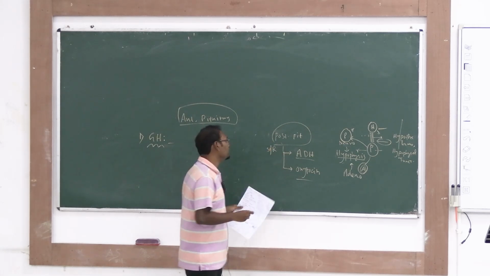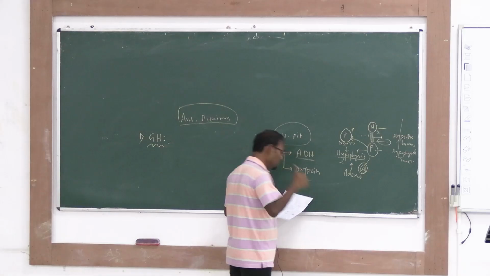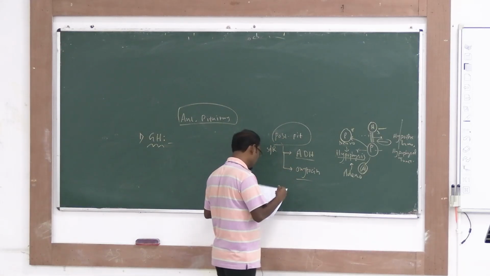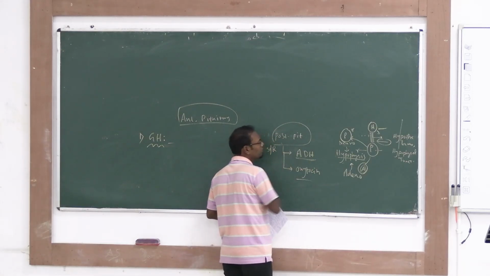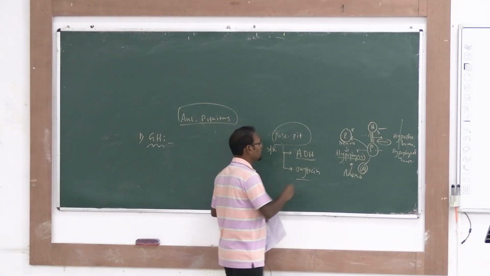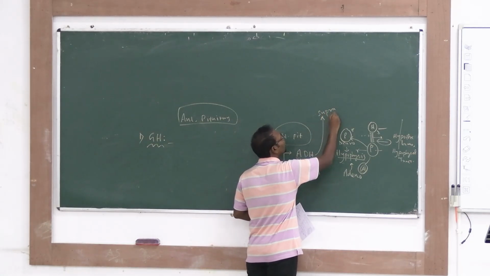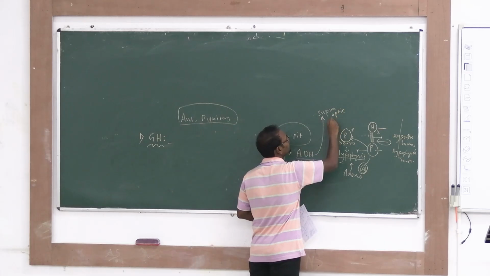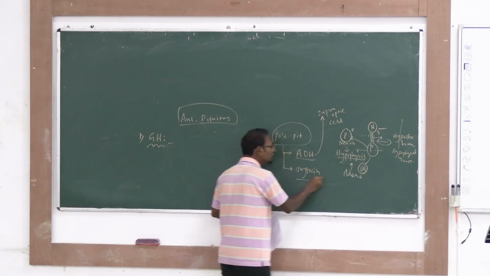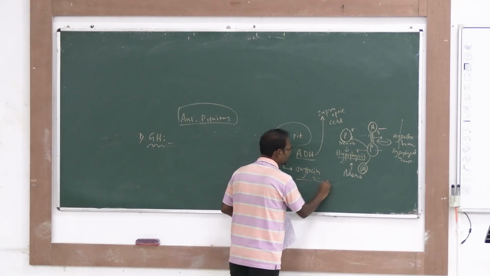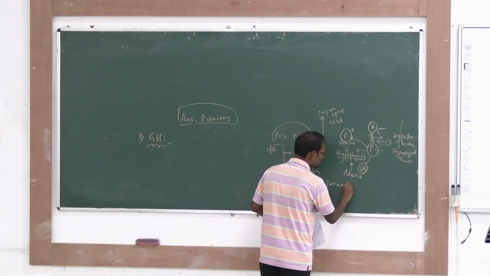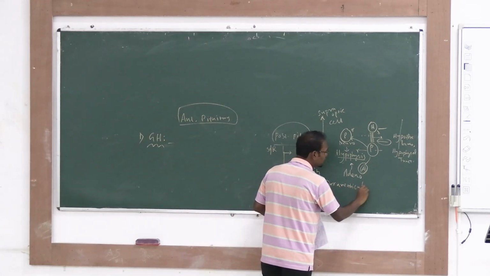ADH will be released from supraoptic cells, and oxytocin is released from paraventricular cells.